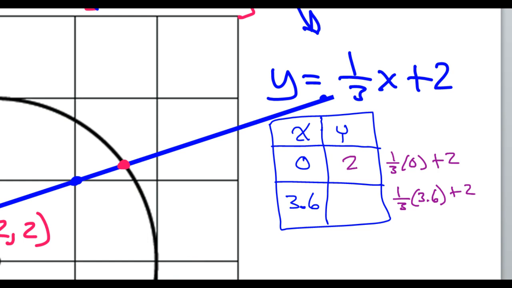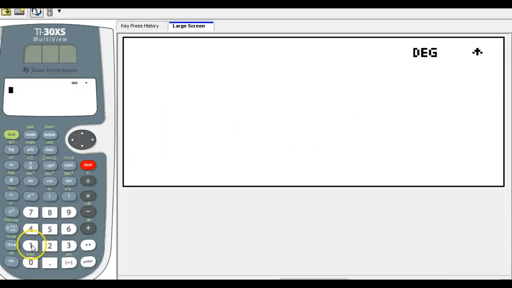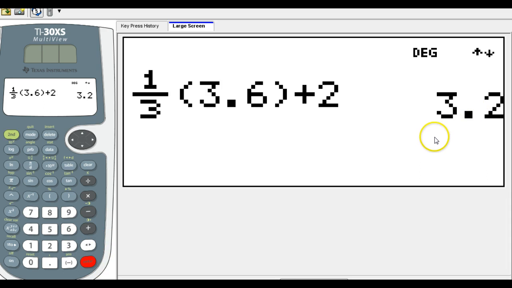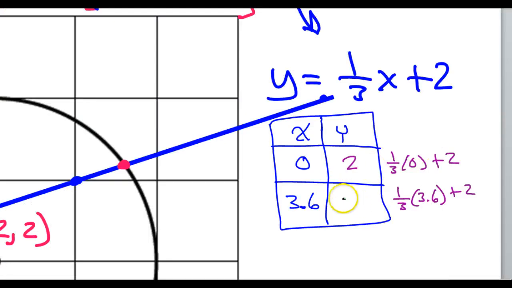I feel like using my calculator for that. Oh look, that's 3.2. Alright, so I get 3.6 comma 3.2. So that must be the value of this other point right here.